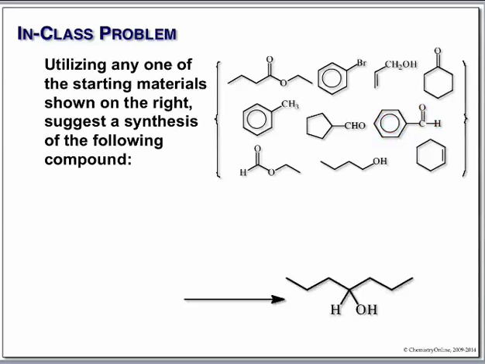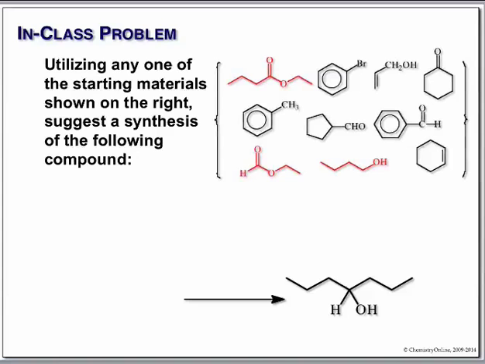We are dealing with an aliphatic compound, so we need to look up top and see things that have simple chains. We can rule out all these compounds with rings, and our double bond. Really, we're just dealing with these 3 compounds as potential starting materials.